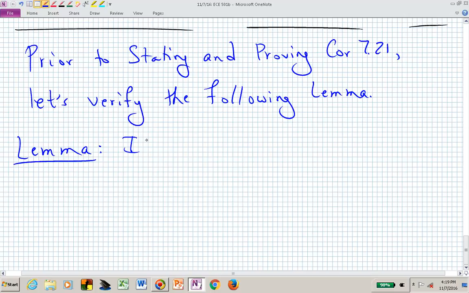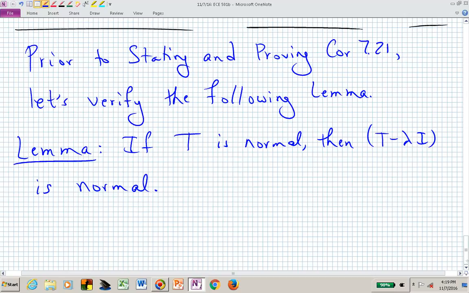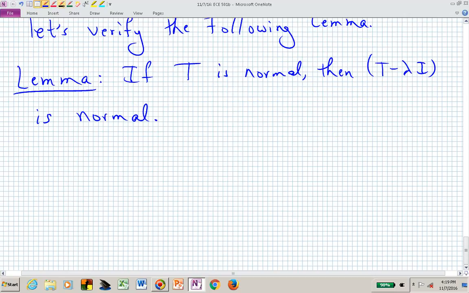The lemma says that if we have an operator T and it's normal, then the operator T minus lambda I is also normal. And in order to show that something is normal, we need to show that the operator and its adjoint commute.